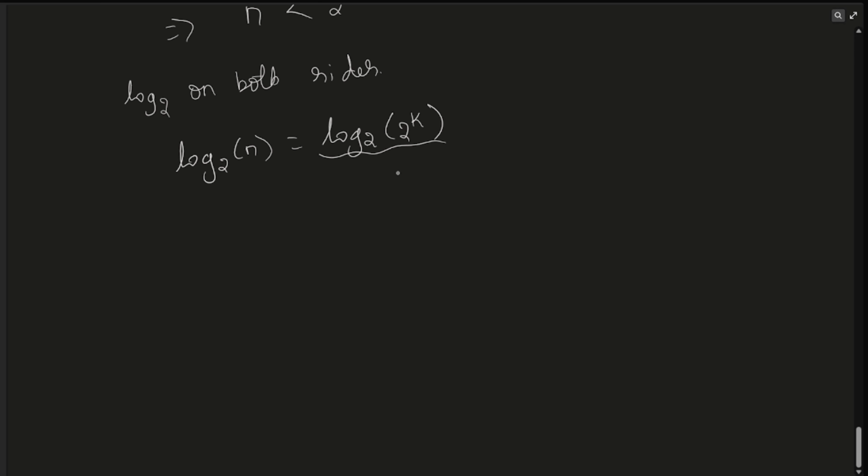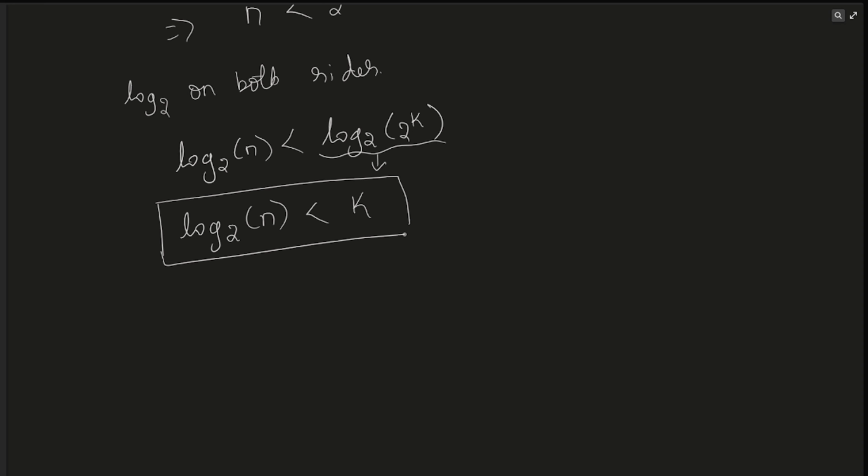As per the log general rule, we can just write this as k. Our expression becomes log n equals k. I've just written less than as equals, which might confuse you, so I'll revert that. We got to know the value of k now, which is nothing but log 2 n. This can be written as k is greater than log 2 n.